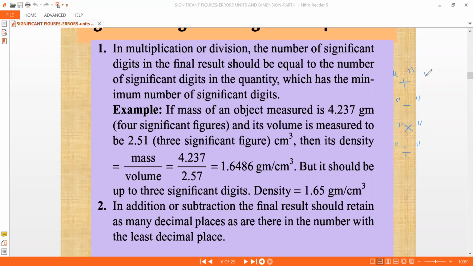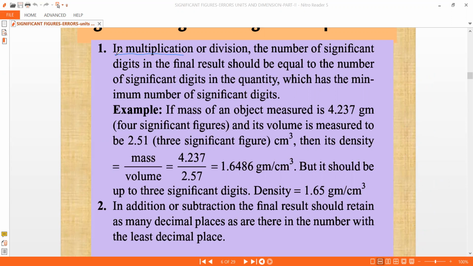The only thing you have to understand is that always express the least significant figures. Okay. So why is it so? I'll explain why it is so. Always you have to express the least number of significant figures while doing this job.